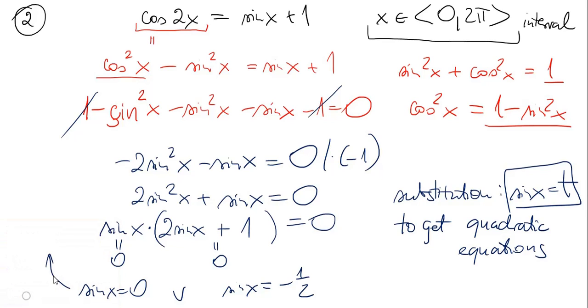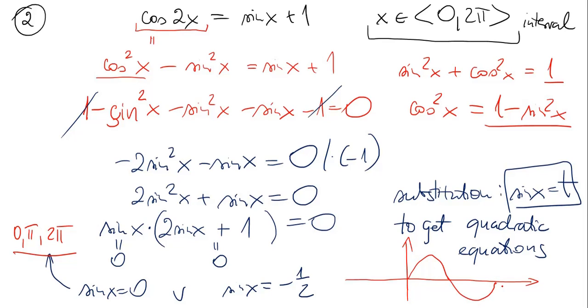Okay, so sine x equals 0 is exactly the same as we had in the first example, so we can just use the answers from the previous example. So the answers will be 0, pi and 2 pi, right?